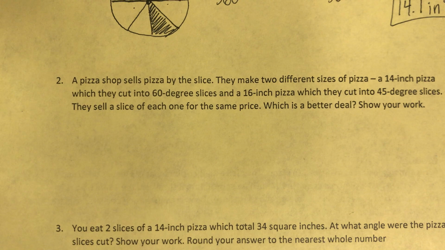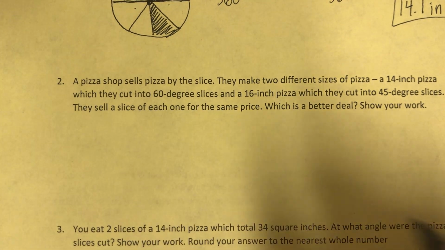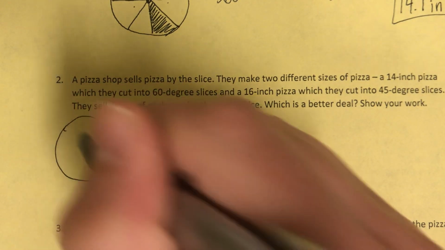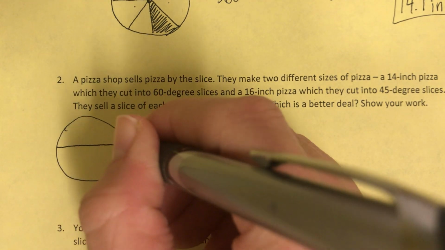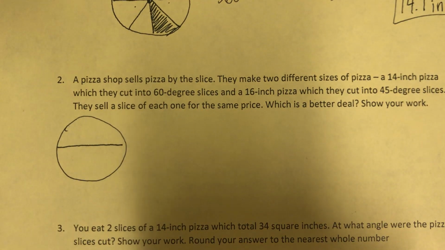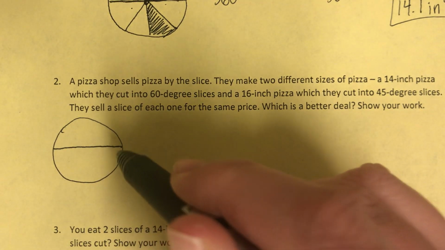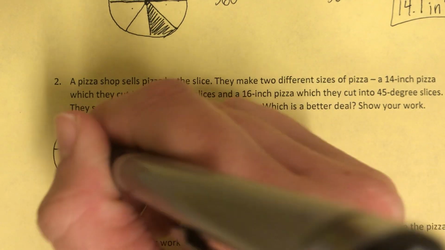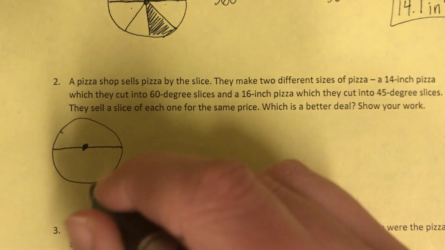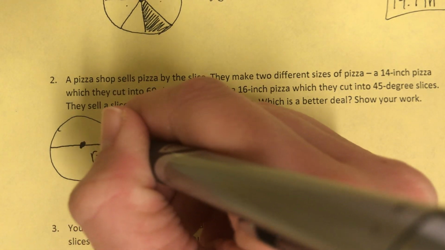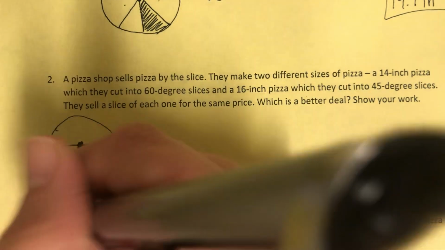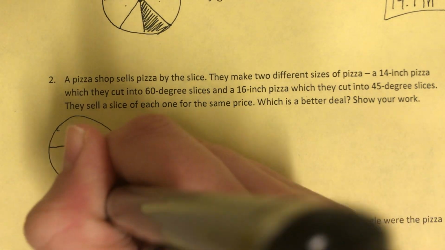So, if I have a 14-inch pizza, that means this right here is 14 inches long. But we don't have this diameter in our equation. We need a radius. So the diameter equals 14, so half of that for our radius is going to equal 7. This is for the 14-inch pizza.